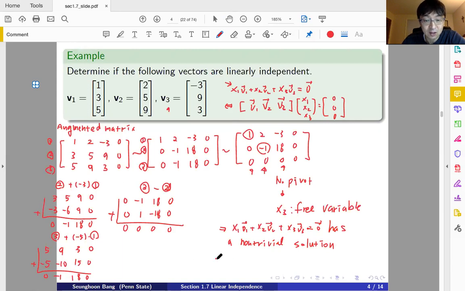So the vectors v1, v2, and v3 are not linearly independent.